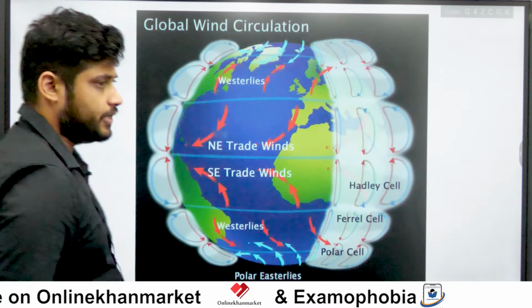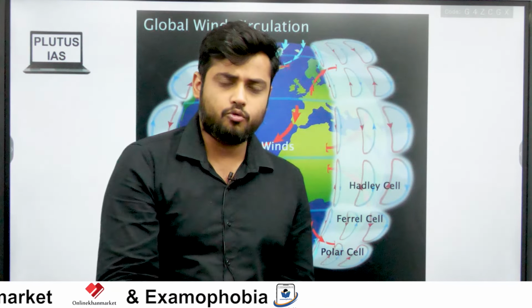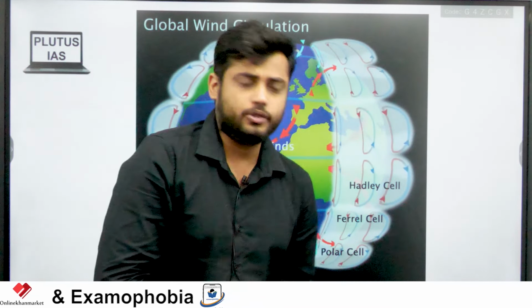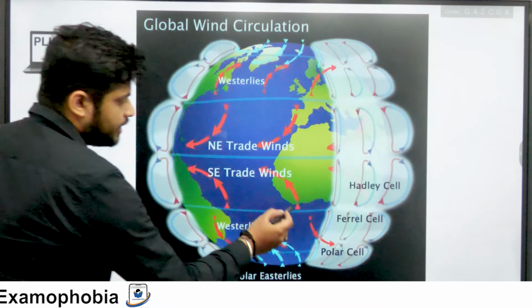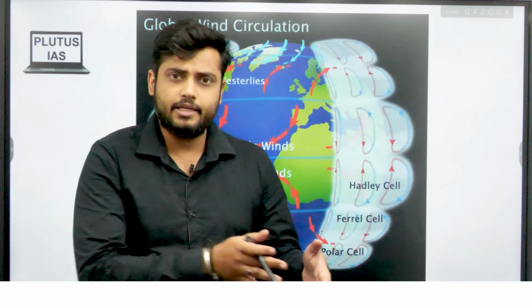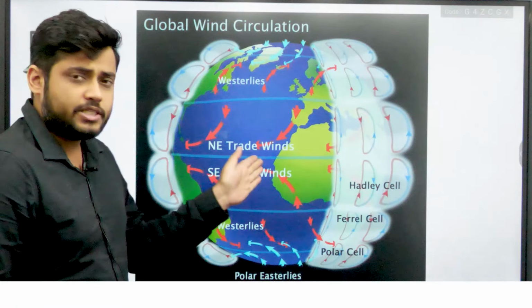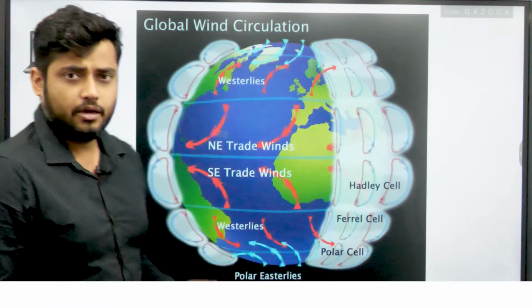In the southern hemisphere, the rule is opposite. Every moving object is deflected towards its left with respect to the direction of motion. So in the southern hemisphere, the winds move from the high pressure at 30 degrees south latitude towards the equator, and as they move, they get deflected to the left.